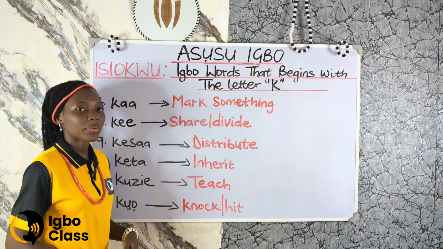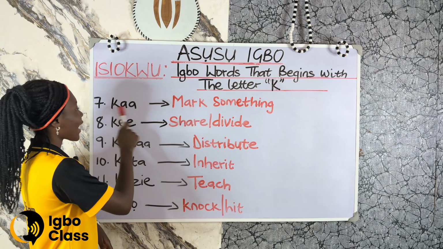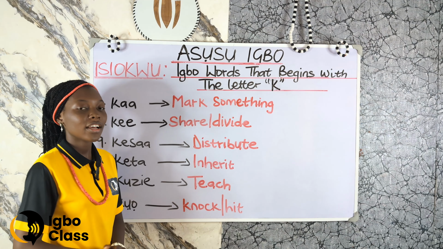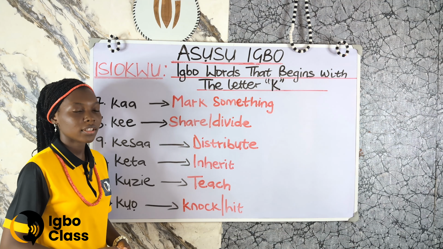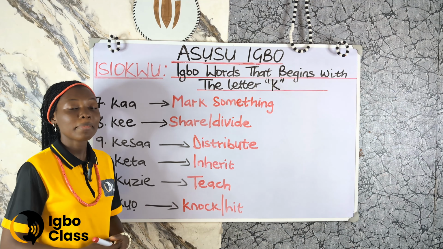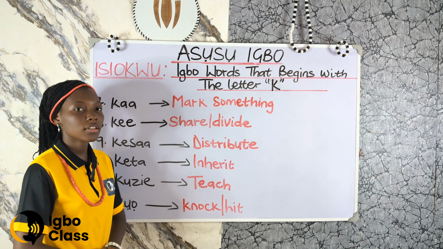The next word that we have is ka. Ka means to mark something, especially with a line. Ka ihe, that is, make a mark on it, draw a line on it.